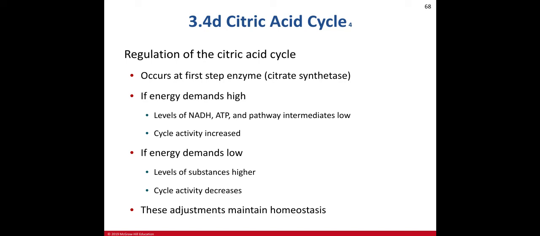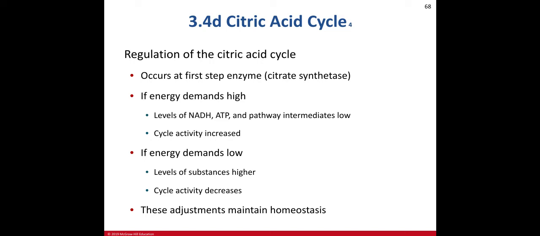How do we regulate this? Well, the first step, we have something called citrate synthase. And that is where we can stop or regulate our citric acid cycle. If we've got a high energy demand, like we need to be making energy, then the levels of NADH and ATP in that pathway are going to be low, and so we can increase this activity.